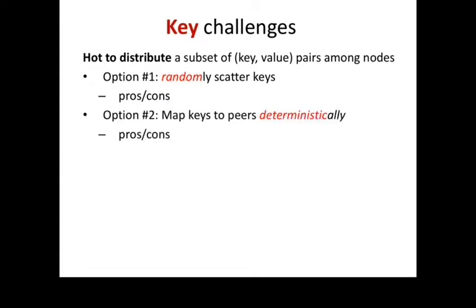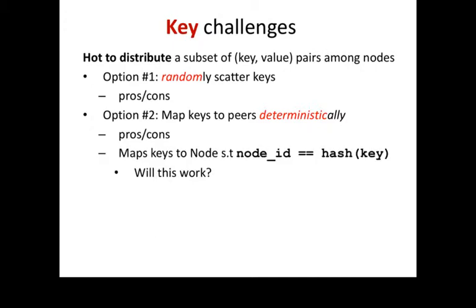So you want to be able to map the keys in some deterministic fashion. Okay? So here, what are the pros and cons? One simple way of doing it deterministically is that you can take the hash function of the key. This is a different hash function than the function that you use to convert the file name to a number.